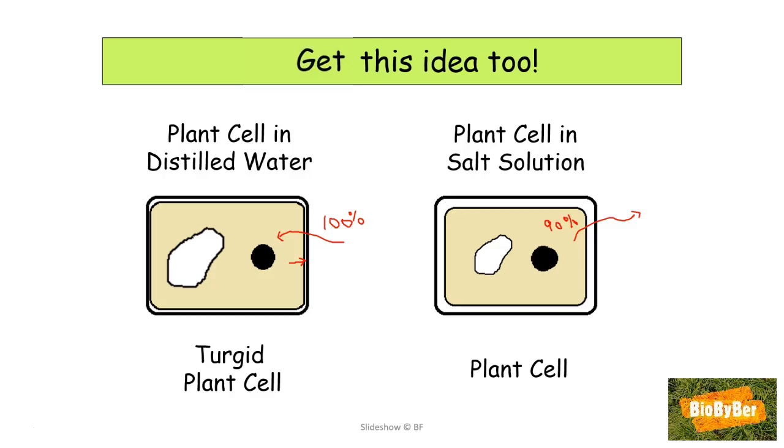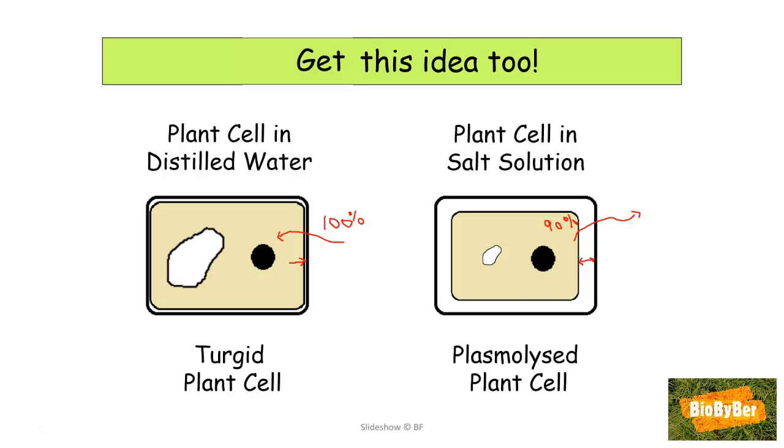So the water will move out of the vacuole, which will shrivel up, hence the cytoplasm will shrivel up, and the cell membrane will move away from the cell wall. It will no longer be exerting a pressure on the cell wall. The cell is then said to be plasmolyzed or to be flaccid. In other words, it's rather wilted or weak.